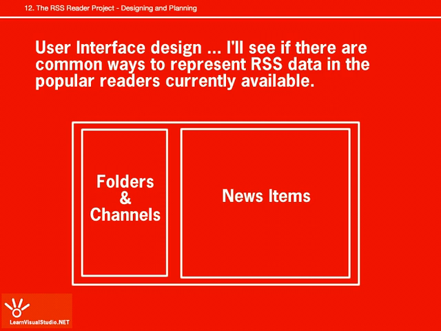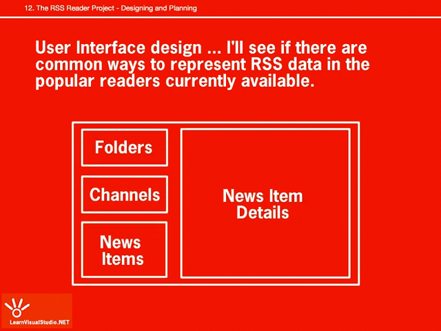So we'll have a list box that'll contain all of our folders, and by selecting one of the folders, we'll see a list of channels that are in that folder. And then by selecting one of the channels, we'll see all the news items that are associated with that given channel that have been pulled down from the RSS feed.